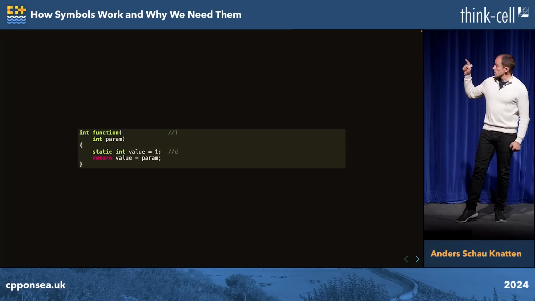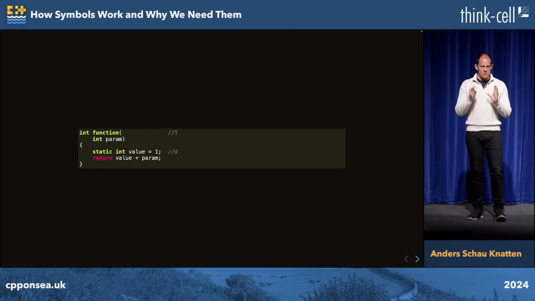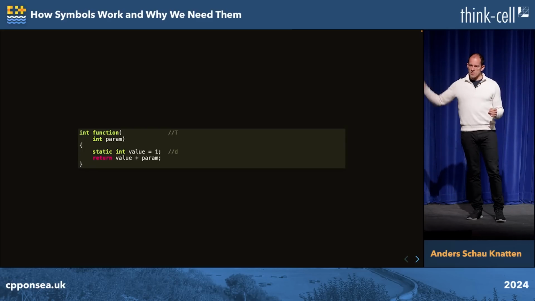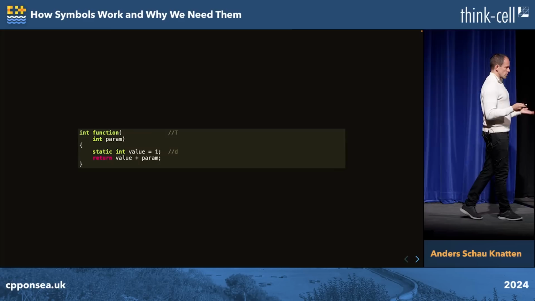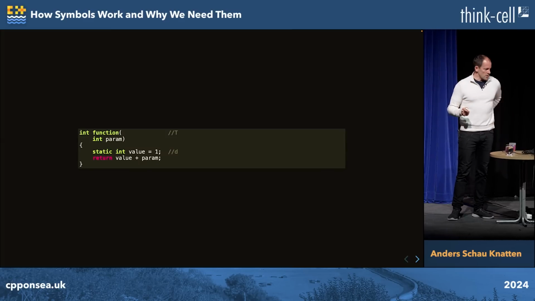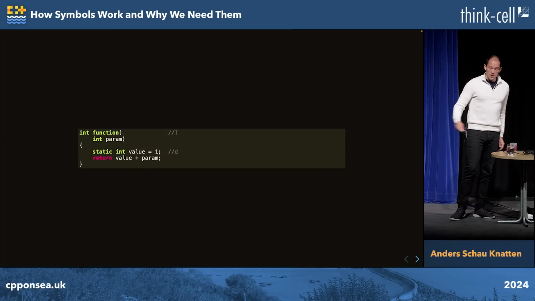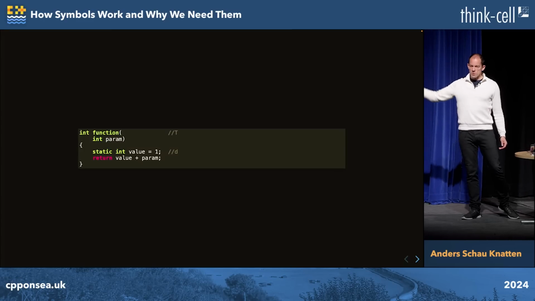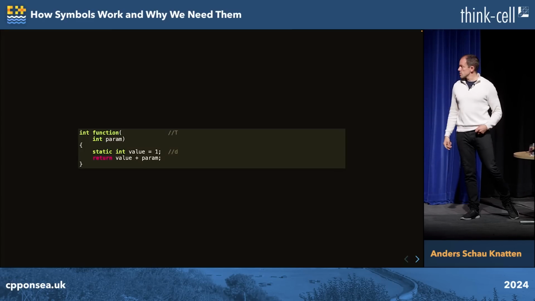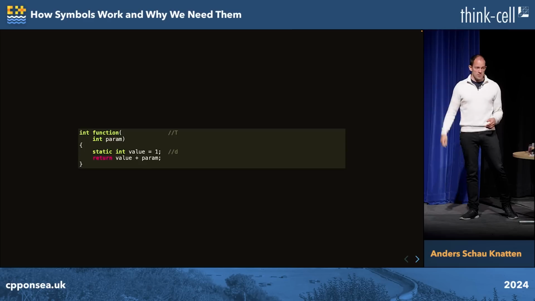So this one you need a symbol for because it doesn't go on the stack. It goes in the global data somewhere, and everyone has to be able to find the same thing. And it's lowercase because no one else is supposed to be linking to this. And if I compile with optimizations, since I don't modify it, this is probably just constant folded and inlined, and then you don't get a symbol for it.